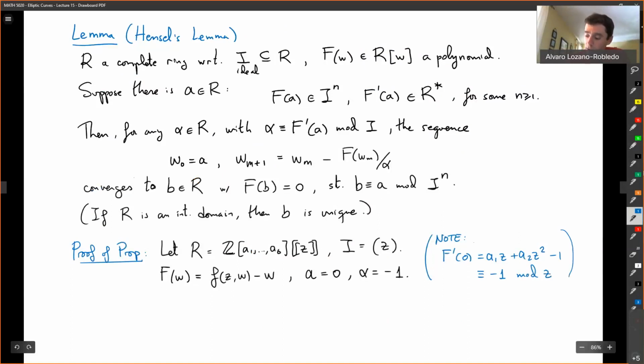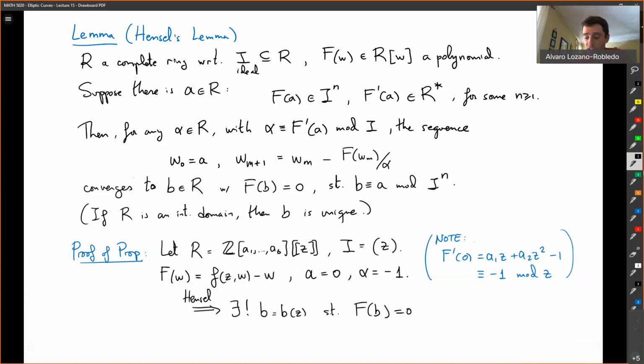So I can take alpha to be minus 1, a to be 0, f that, and then what Hensel's lemma tells you is that there is a root, and in fact there is a unique power series B such that f of B is 0, and that power series will have the properties that we need.